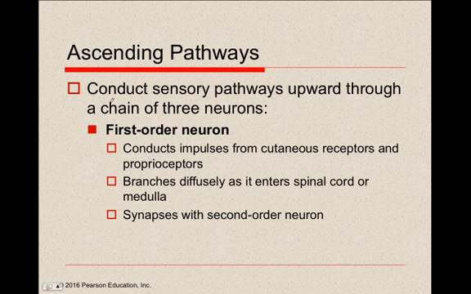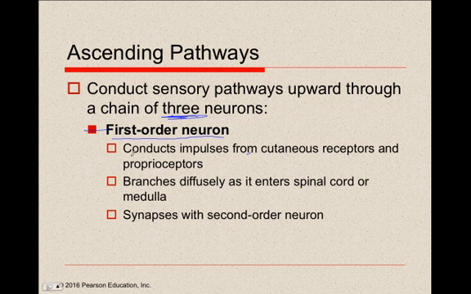There's usually a chain of up to 3 neurons on our way up to the brain. So we've got first order, second order, and third order neurons. Our first order neuron is just like it sounds. It's going to be the first neuron in the relay towards the brain.